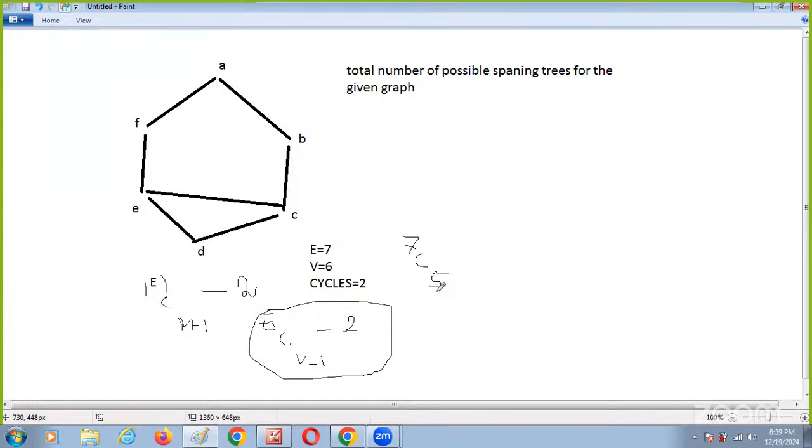Do you know that nCr equals nC(n minus r)? So 7C5 equal to what? 7C2.